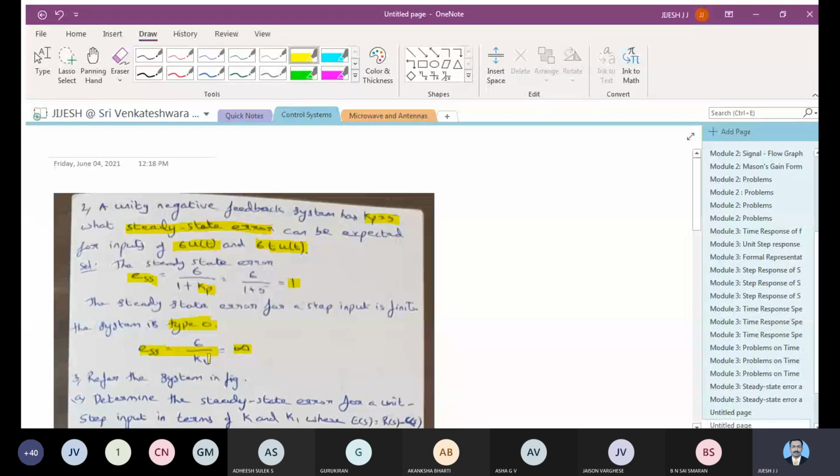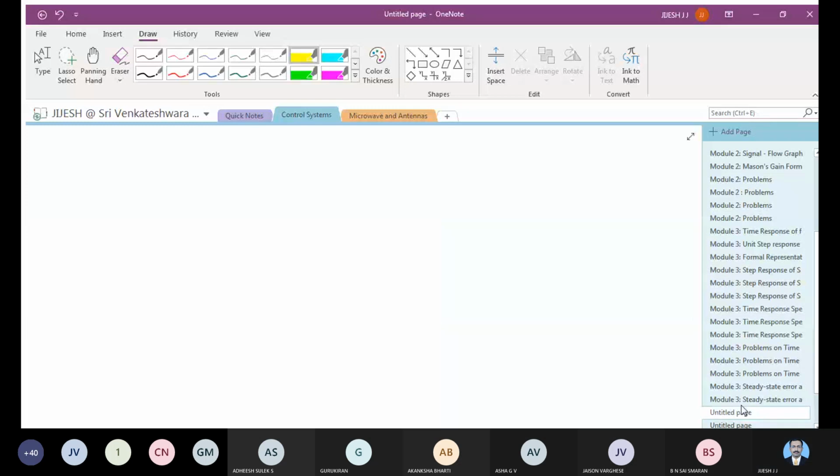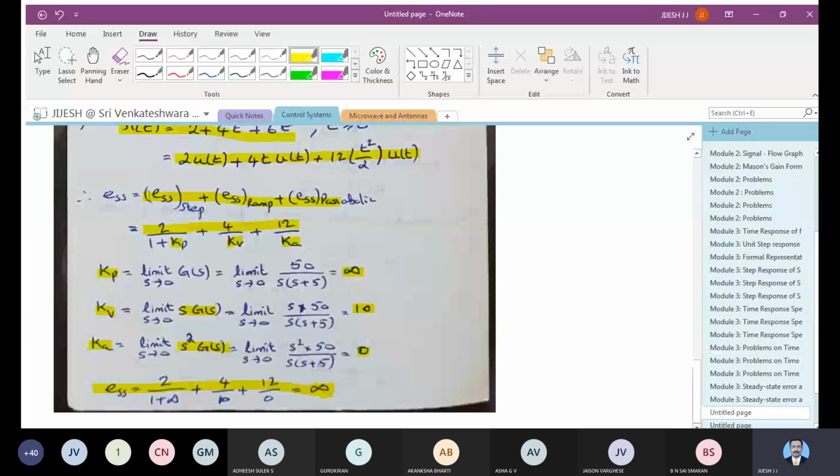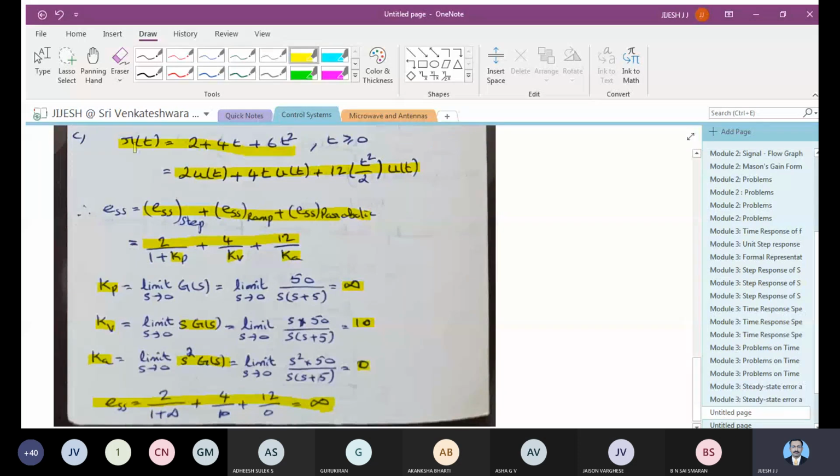So let me go back to the previous problem. Here you may be thinking why ESS is taken as the combination of all the three, and why in the next problem ESS is not taken as a combination of three. See why: because the function R of t has a combination of all the three functions, step function, ramp function, as well as parabolic function.